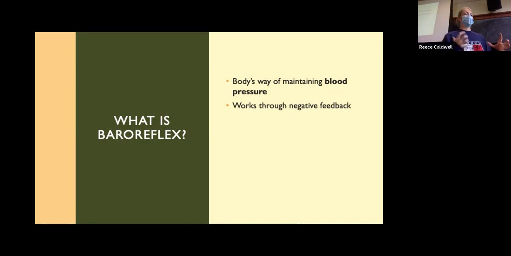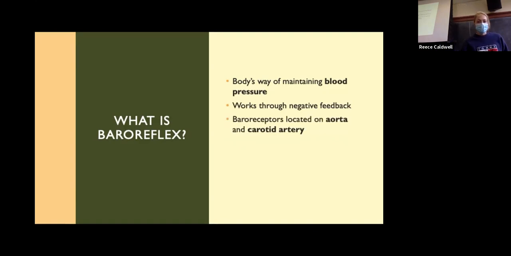So if we have high blood pressure, it's going to work through baroreceptors to decrease that high blood pressure. The baroreflex is the actual function, but it does that through baroreceptors, and we find them on the aorta and the carotid artery.